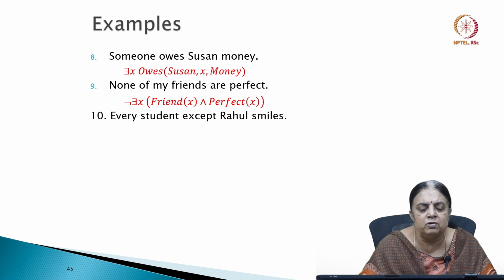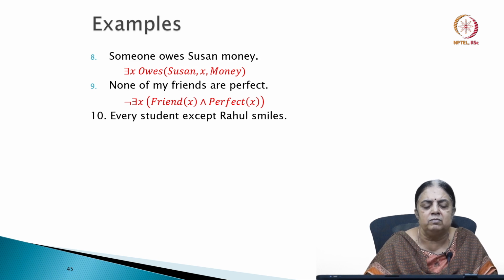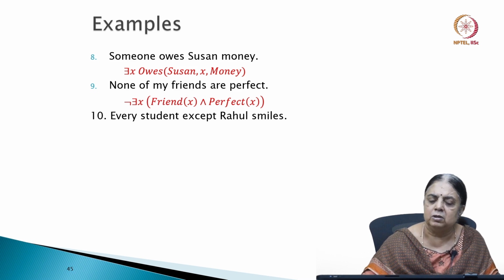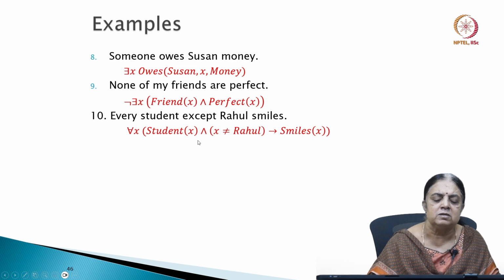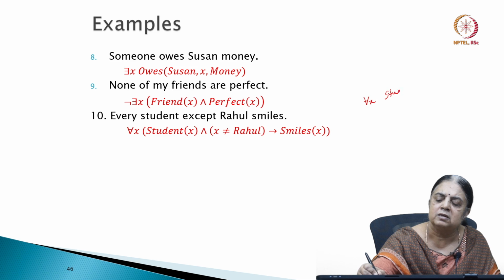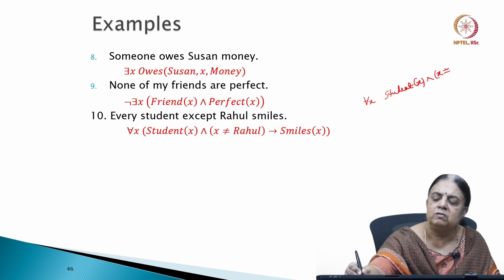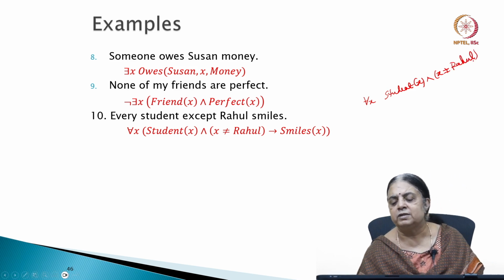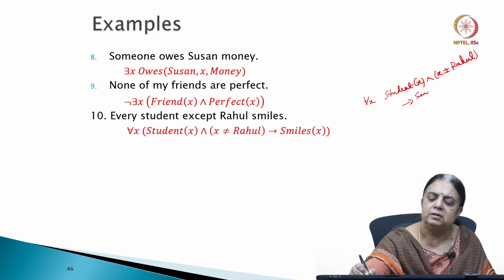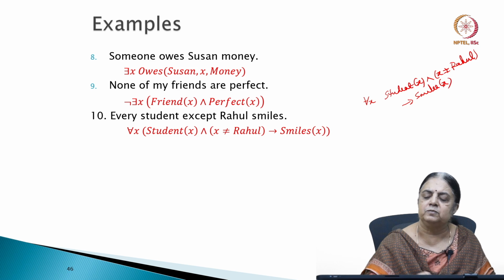We'll have to say for all X who are students except for Rahul implies smiles X. So we say for all X, student X and X not equal to Rahul, where X stands for all students except Rahul, implies smiles X.